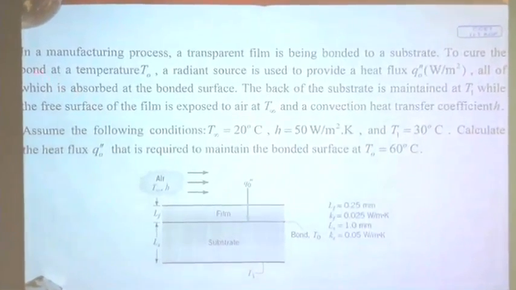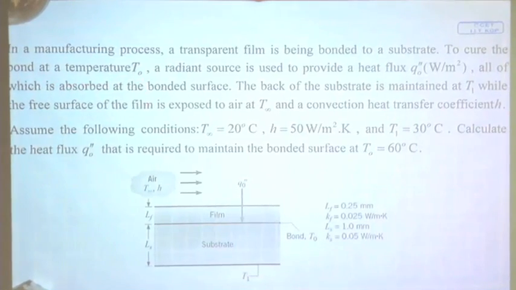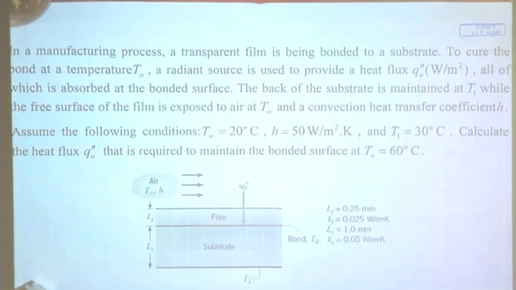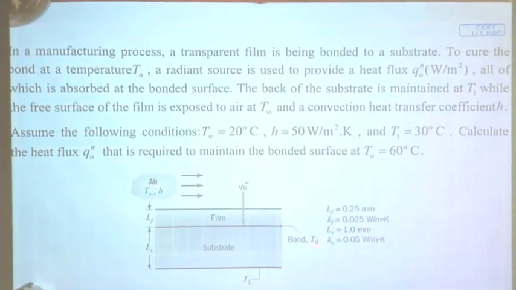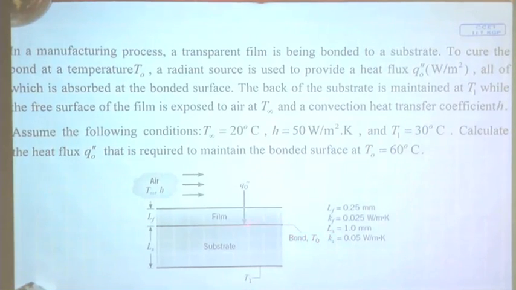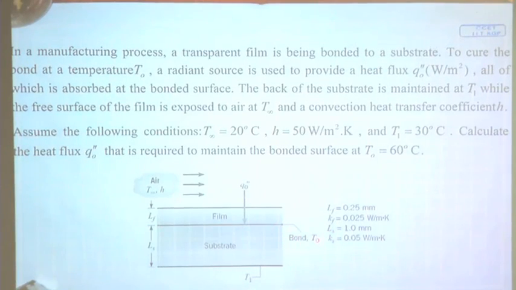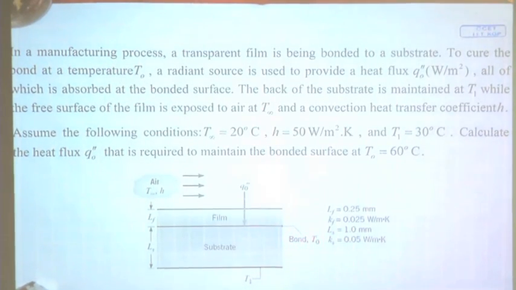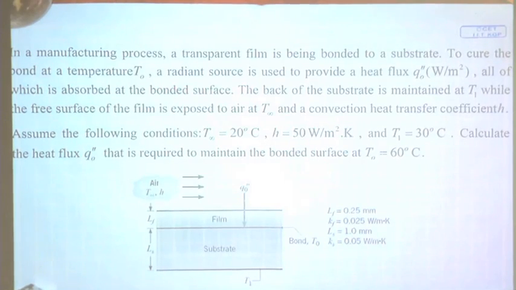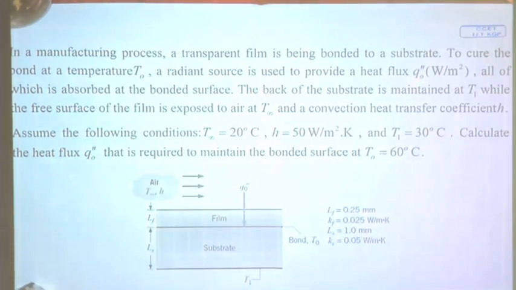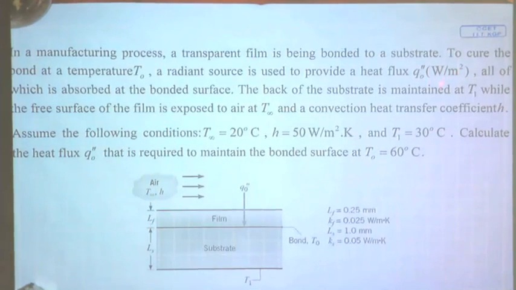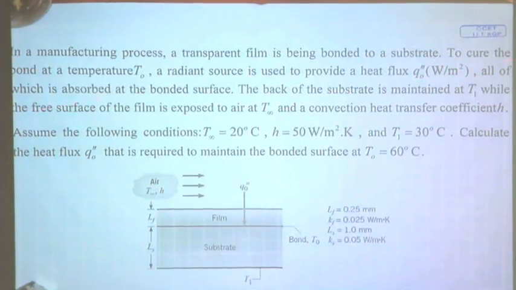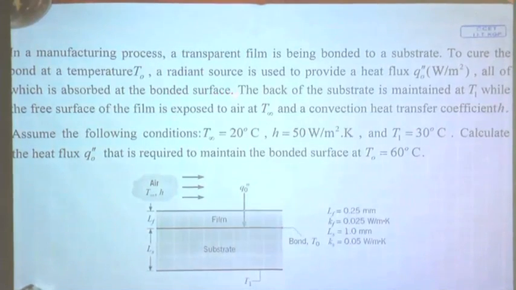To cure the bond at a temperature T0, that means the bond surface should be maintained at a temperature T0, a radiant source is used to provide a heat flux q0 double prime watt per meter square, all of which is absorbed at the bonded surface.